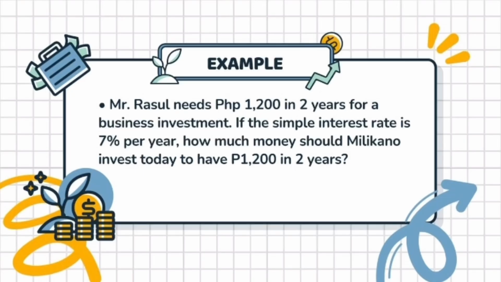Now, for example, Mr. Rasul needs 1,200 pesos in 2 years for a business investment. If the simple interest rate is 7% per year, how much money should Mr. Rasul invest today to have 1,200 in 2 years?